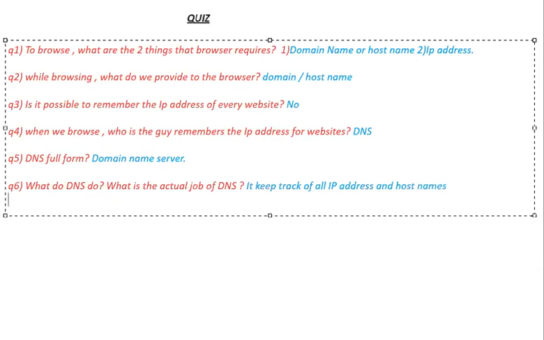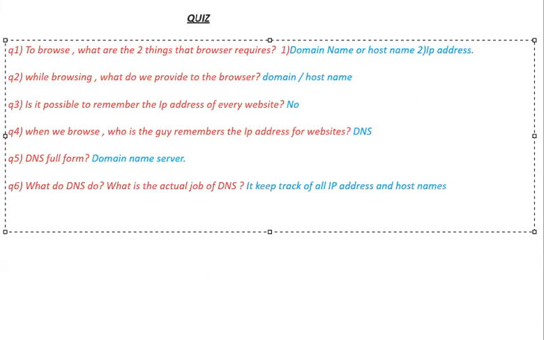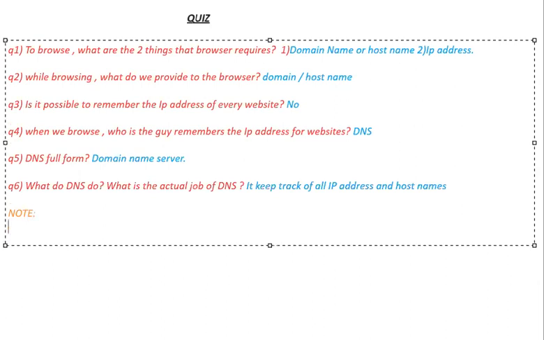So I would like to provide you a note. What is the note? The note is how to check the IP address of a domain by using a command. We use a command to check the IP address of the domain.